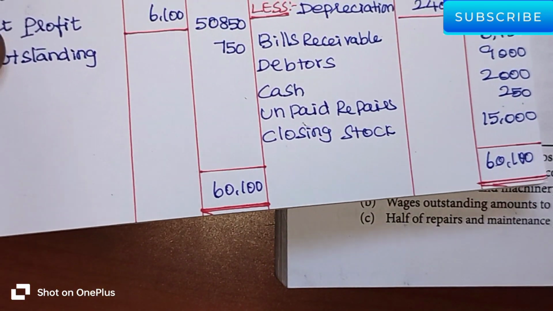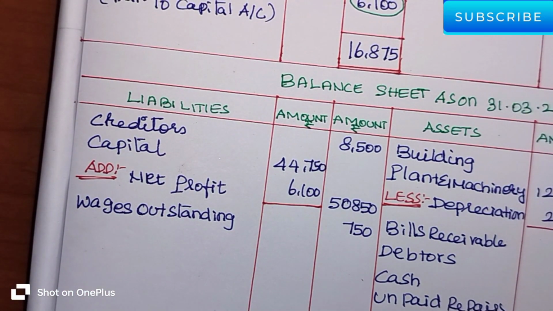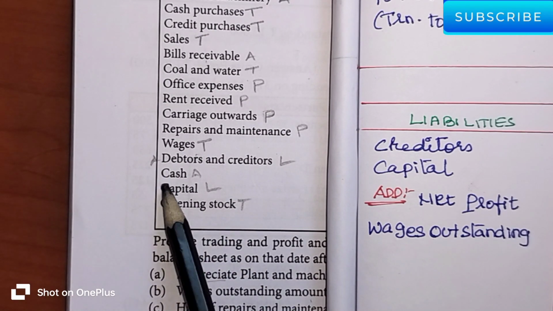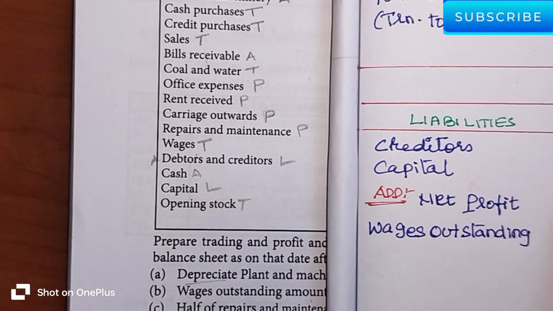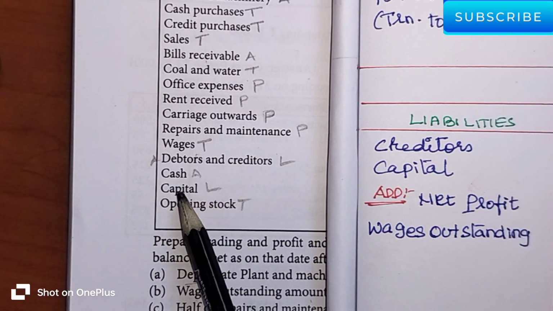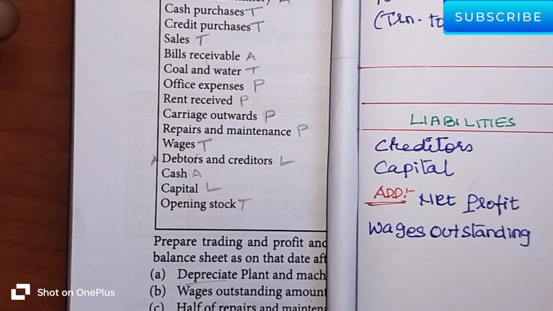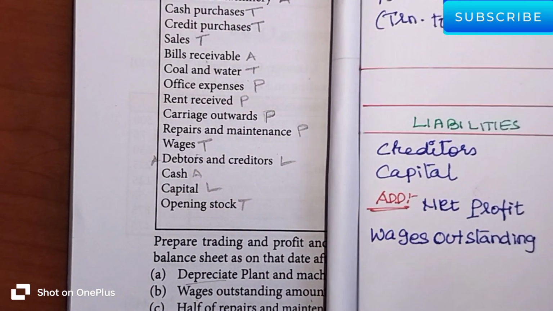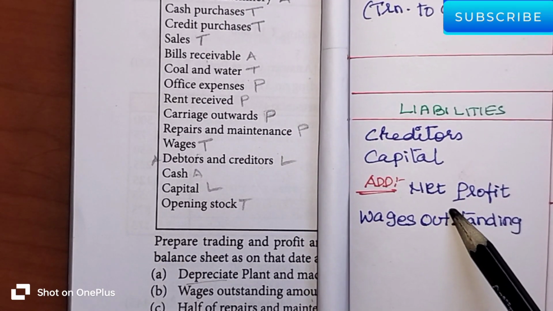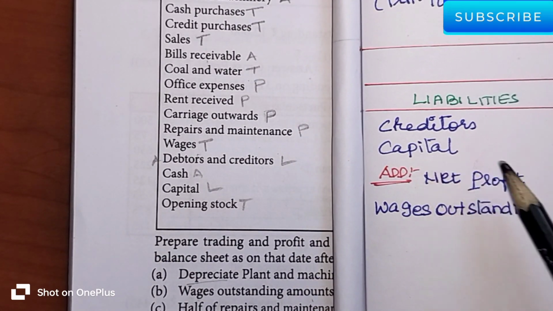Let's go for the liability side. On the liability side we have entered creditors 8,500 rupees. Then capital, we have some calculation with the capital, so we enter 44,750 in the inner amount column because we get net profit. We have to add that net profit to the capital. 6,100 plus 44,750 we get 50,850.